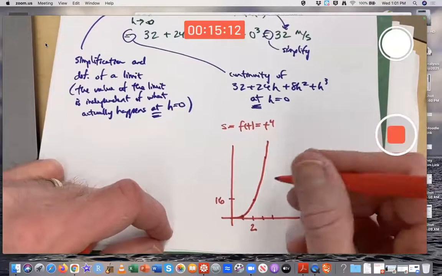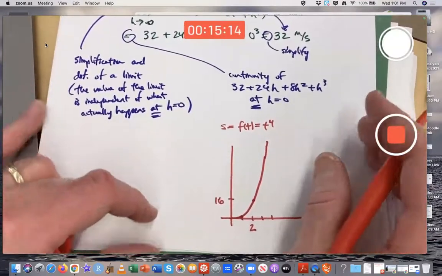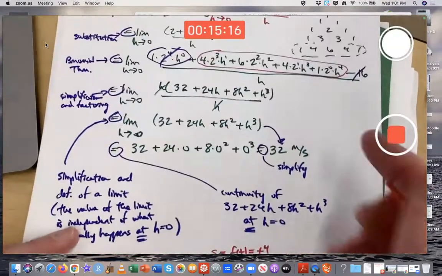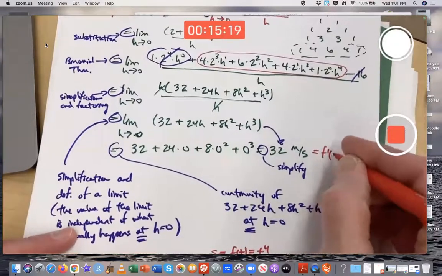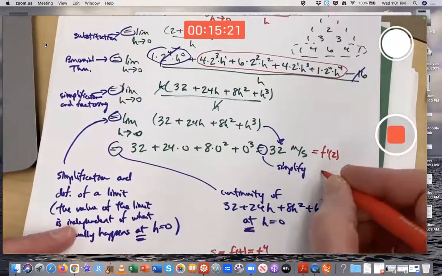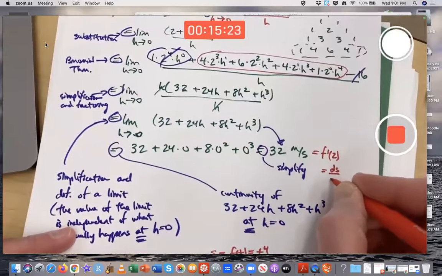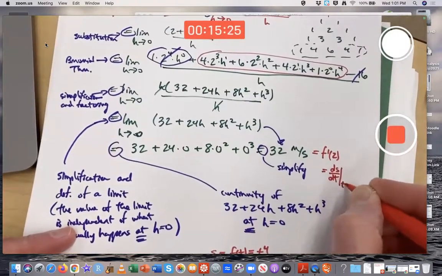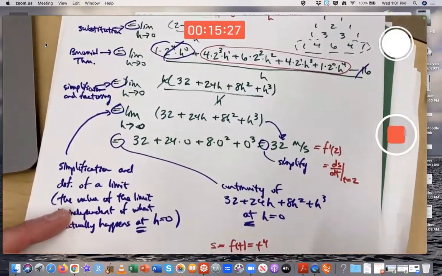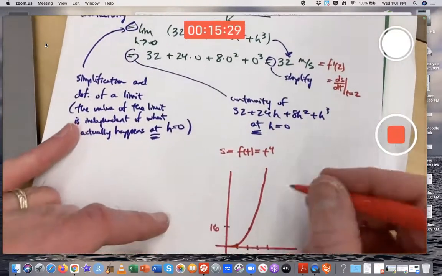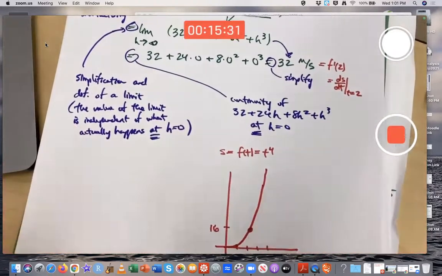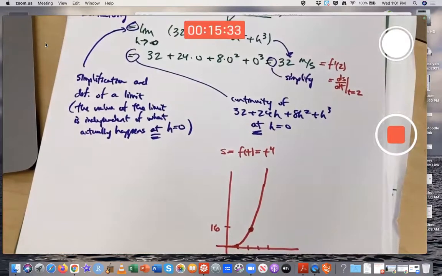We have just found the derivative of this function at 2, f prime of 2, or in Leibniz notation, ds dt evaluated at t equals 2. It's 32 meters per second. That is the slope of the tangent line to this graph at t equals 2.